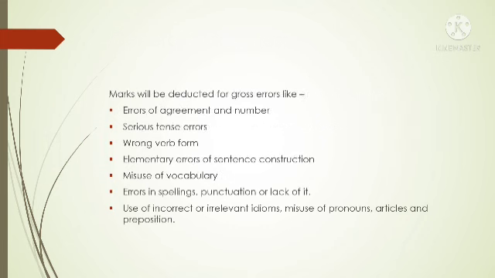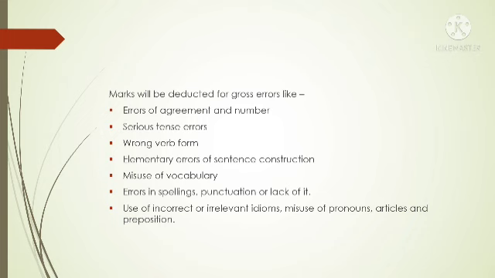Marks will be deducted for gross errors like errors of agreement and number. So you have to concentrate on the subject and verb agreement, and marks will be reduced for serious tense errors, wrong verb form, elementary errors of sentence structure, misuse of vocabulary, errors in spellings, punctuation, or lack of it.